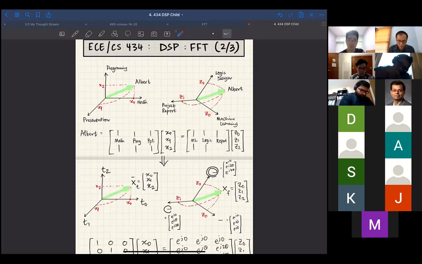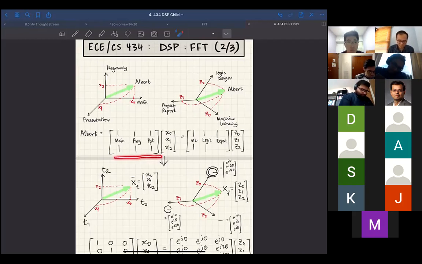So we can now zoom out and get a global view. We can now say, look, Google and SpaceX are not doing anything different. They're taking the same Albert. One is looking at it in some 3 dimensions of math, programming, presentation. The other is looking at another 3 dimension, but another basis, but both these bases cover the same space, right? R3. Right?